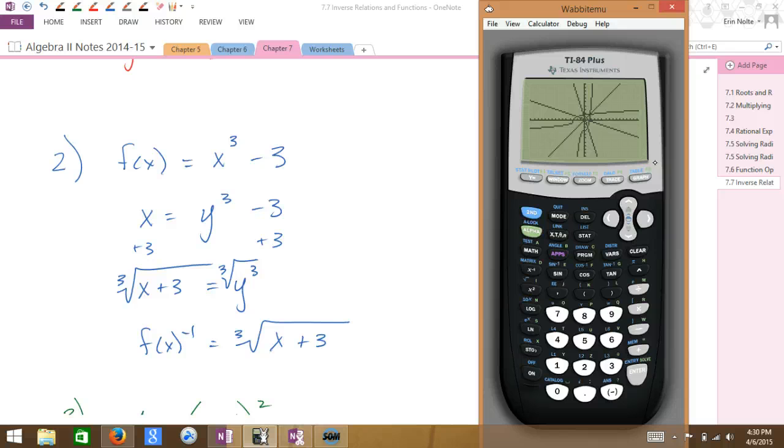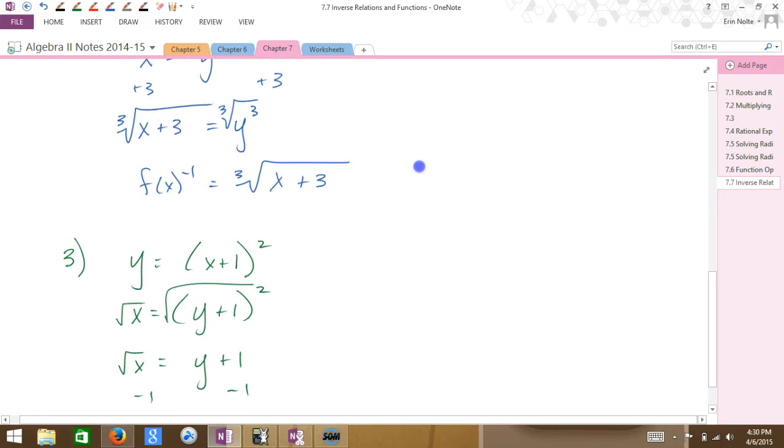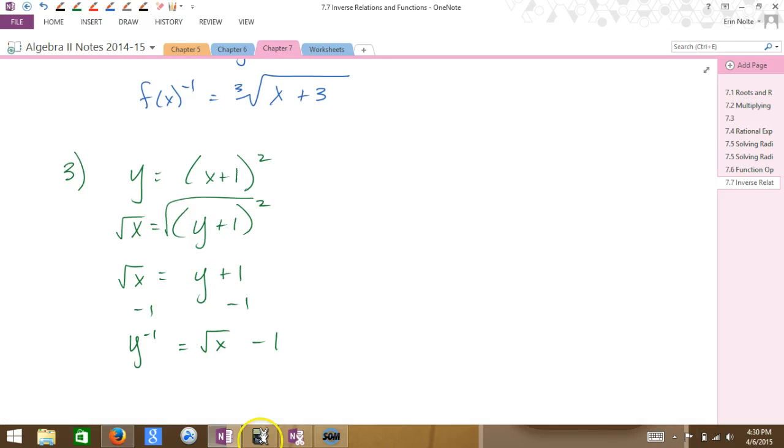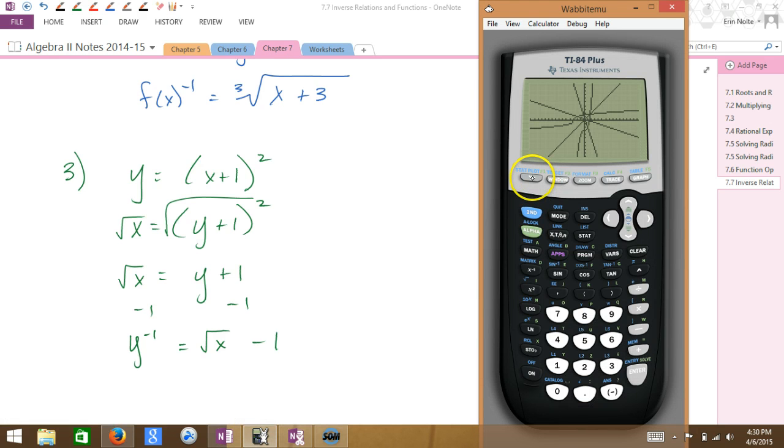Okay, so let's see if you can do this with the original function and predict what the inverse function is going to look like. I'm going to clear out questions 1 and 2 and insert question 3, and I'm just going to start with the original function and see if you can predict what the inverse is going to look like.